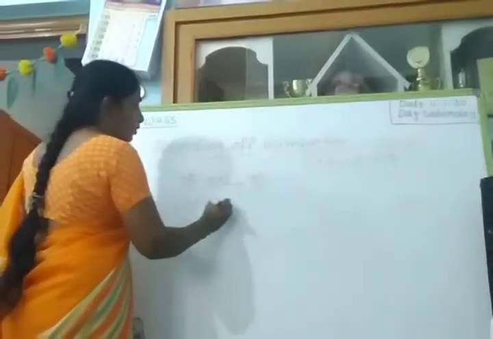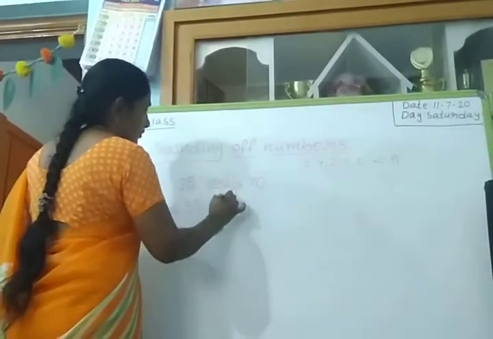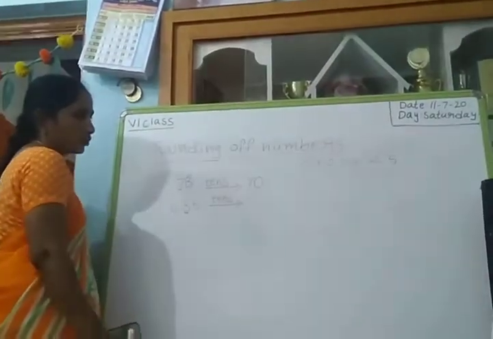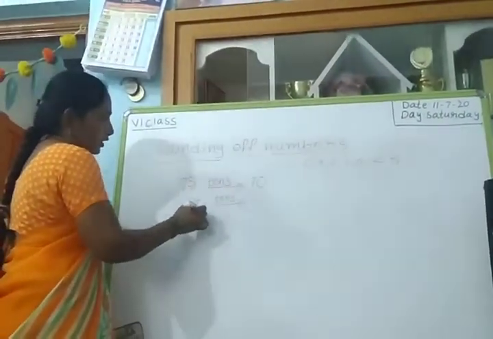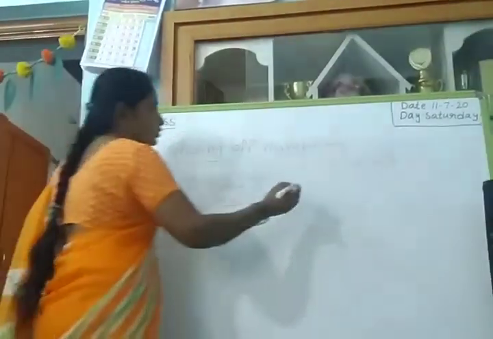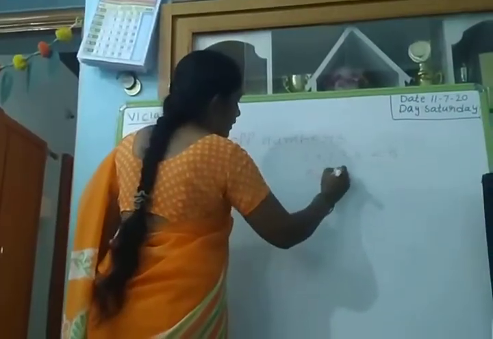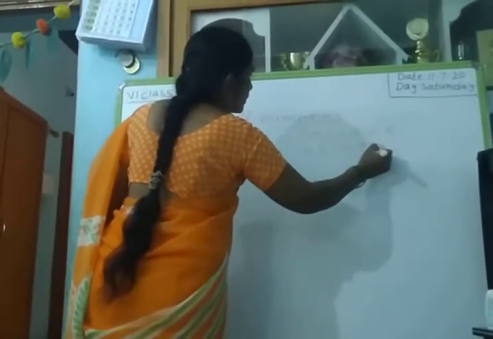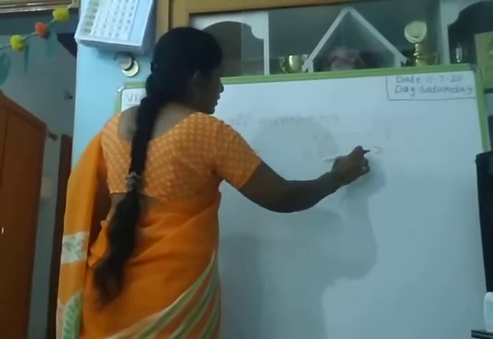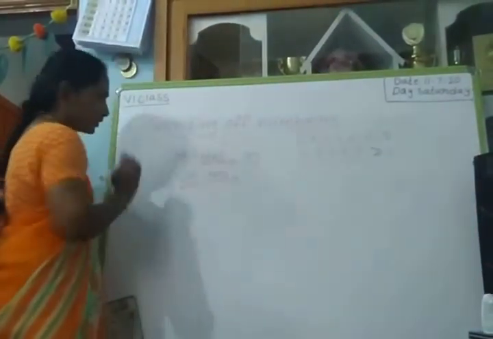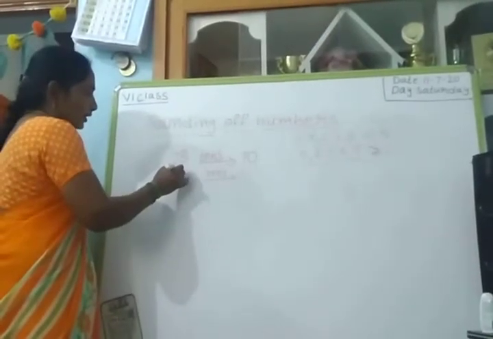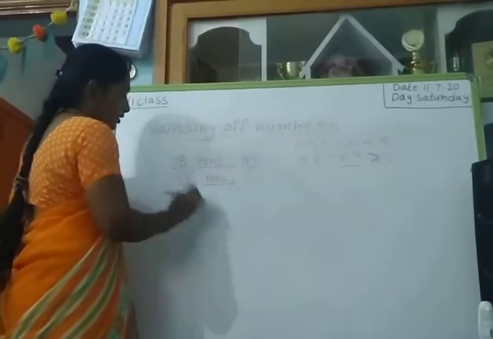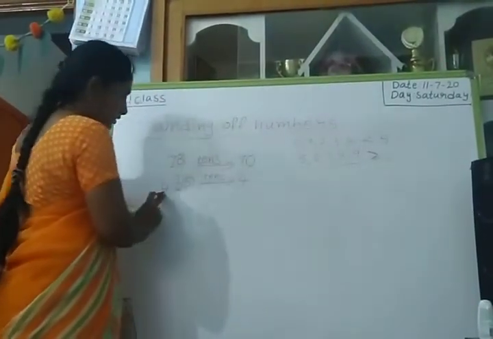435. Round off to the nearest tens. Means we have to round the tens place, so we look at the place before it, the ones place. If the ones place has 5 or a digit greater than 5, that is 5, 6, 7, 8, 9, then we add 1 to the tens place and make the ones place 0. Write the hundreds place as it is.